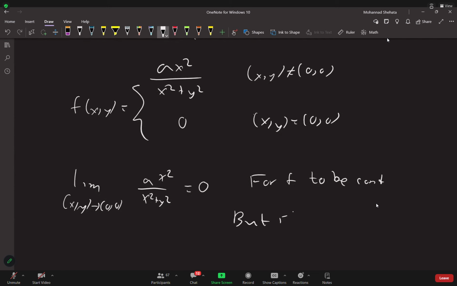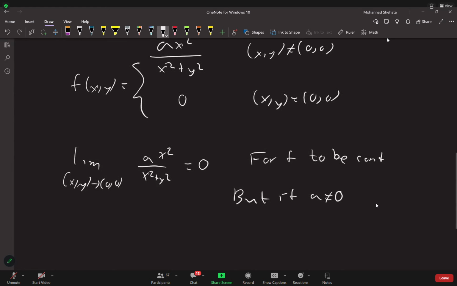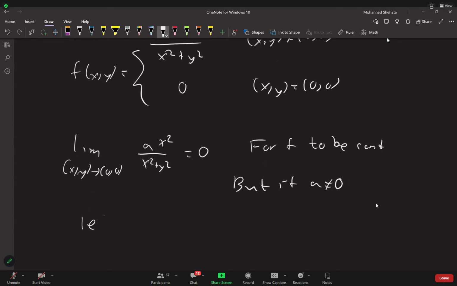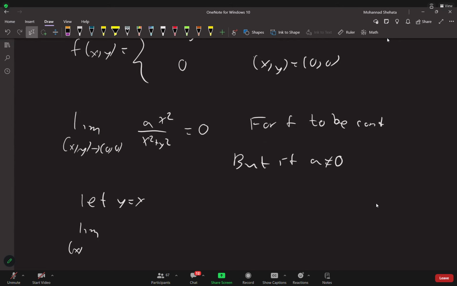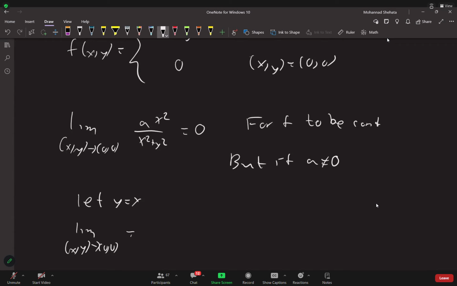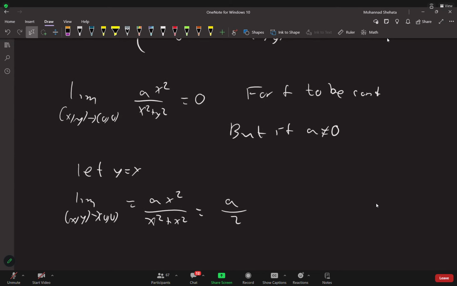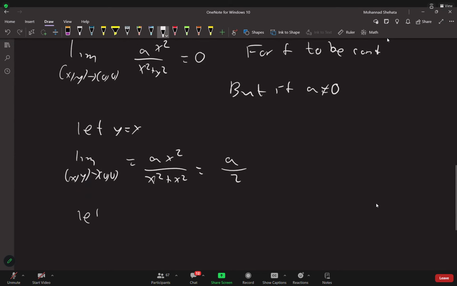But if a is not equal to 0, I can pick two paths. Let y is equal to x, then ax squared over x squared plus x squared will be equal to a over 2. That's one path. The other path would be, say, y equal to 2x.